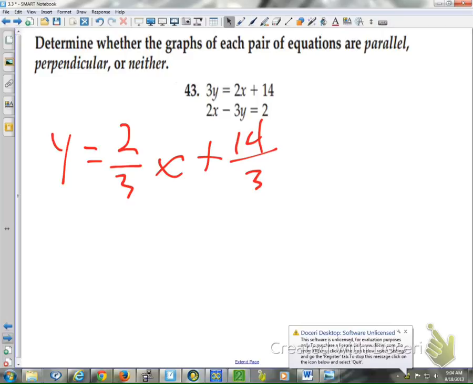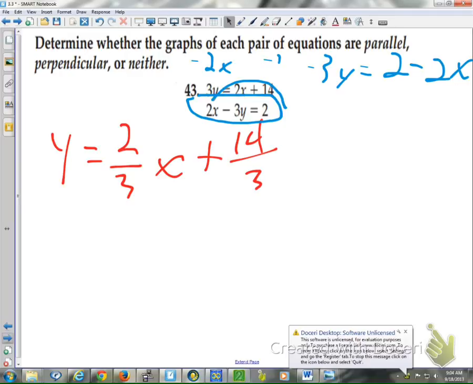Okay, now let's look. Solving this one for y, I'm thinking we'll subtract the 2x. So that's negative 3y equals 2 minus 2x. I just subtracted the 2x to the other side. So, what do I need to do now? Divide by negative 3.